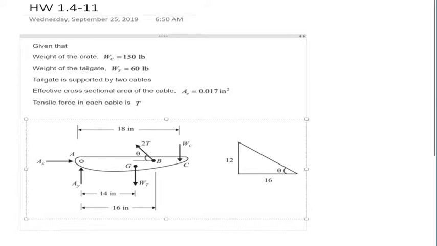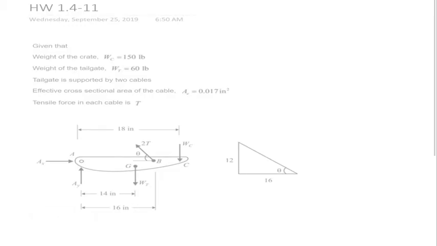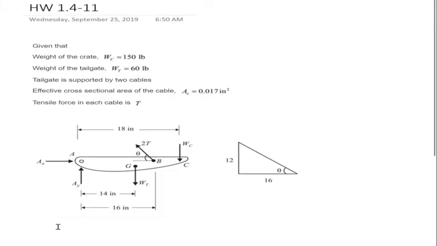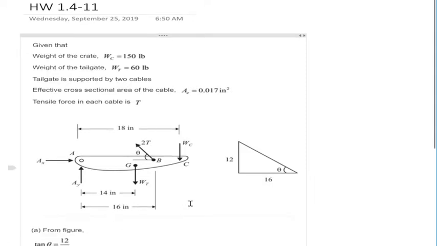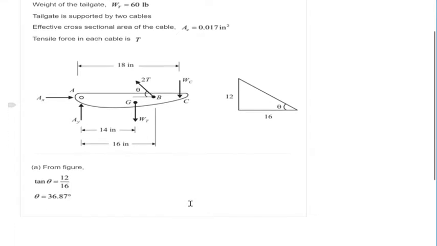So the arctangent of 12 over 16 would be 36.87, which we will have down here. The arctangent is this angle. So now we have the angle of inclination between the tension and the tailgate.